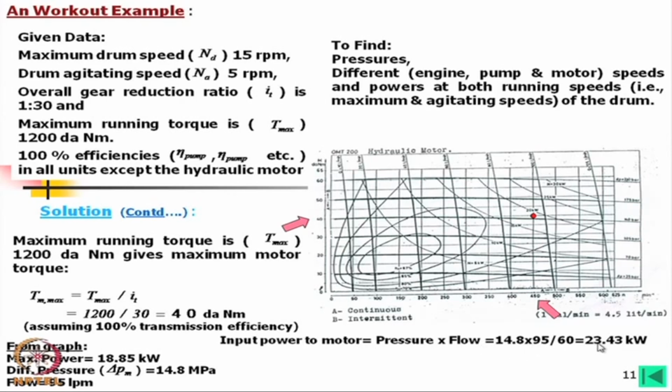What we find is 23.43 kilowatt. You can simply calculate like this: pressure times flow gives you the power. The 60 is for per second, to calculate the power per second. The pressure is in megapascal and the flow is in liter per minute. If you directly divide by 60, you automatically get the power in kilowatt.